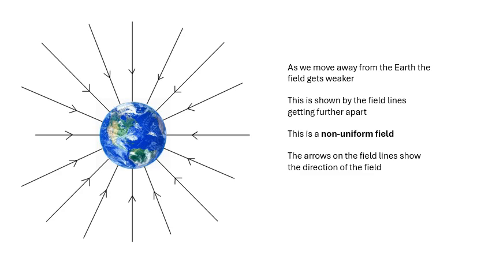These lines don't exist, by the way. They're just a way of representing the field. But I can tell that this is a non-uniform field. The arrows show the direction of the field. Now, with gravitational fields, it's always attractive. With electric fields and magnetic fields, it's a bit different. But remember, the arrows show the direction of the field.